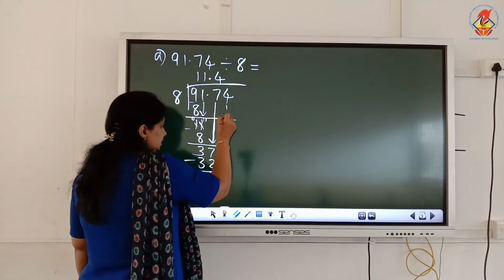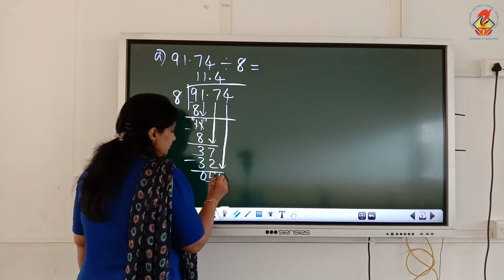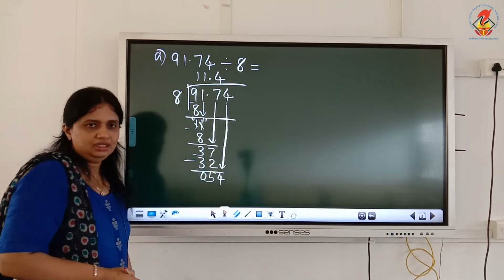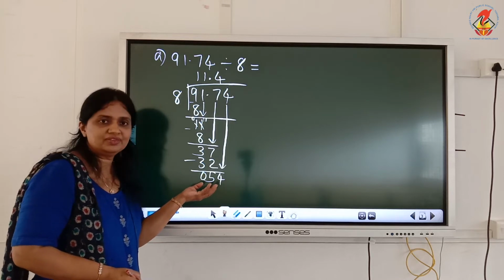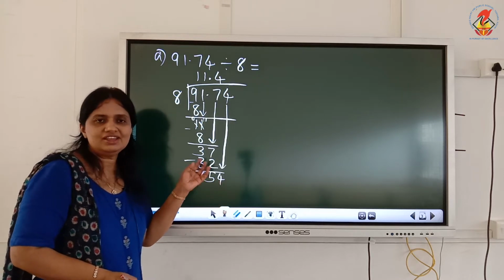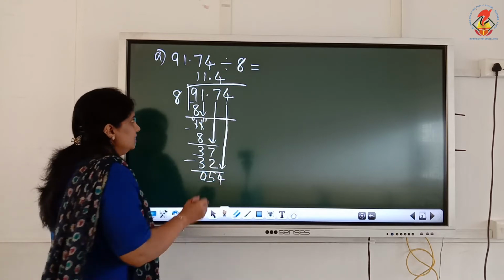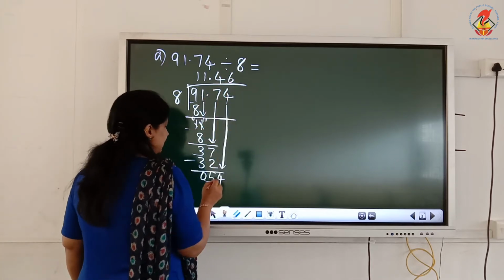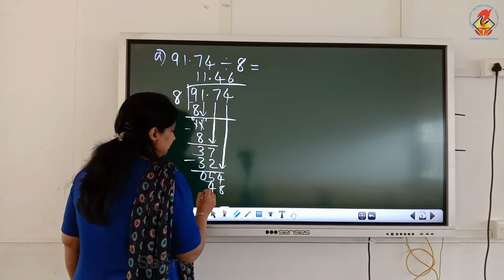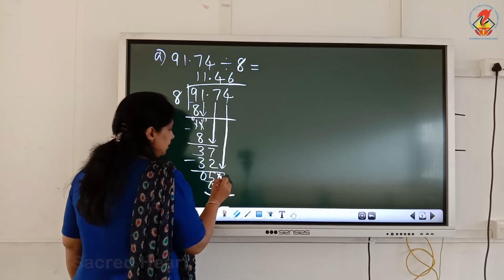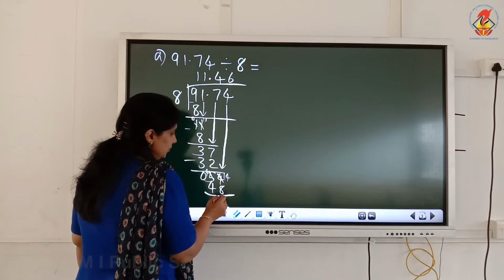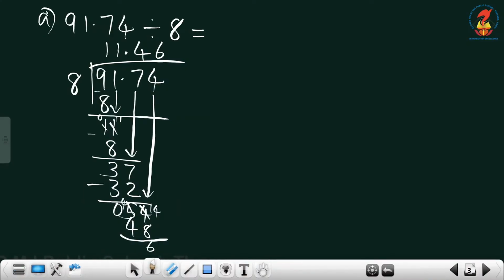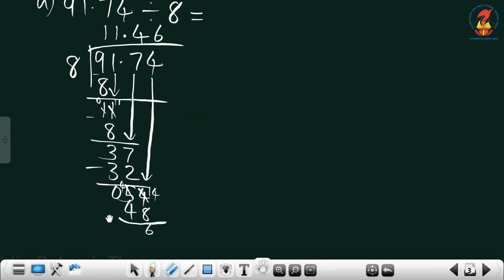And the next digit also comes down, it is 4. 8 sevens are 56, 8 sixes are 48. 8 sevens are 56 only, that's why we need to take 8 sixes are 48. Children, the remainder is 6 only, right? Here we got the remainder 6.